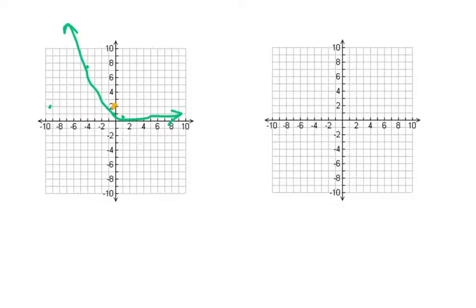So if we type in that equation, 2 times that, I'm going to plot 0, 2, negative 1. Oh, that's very small.